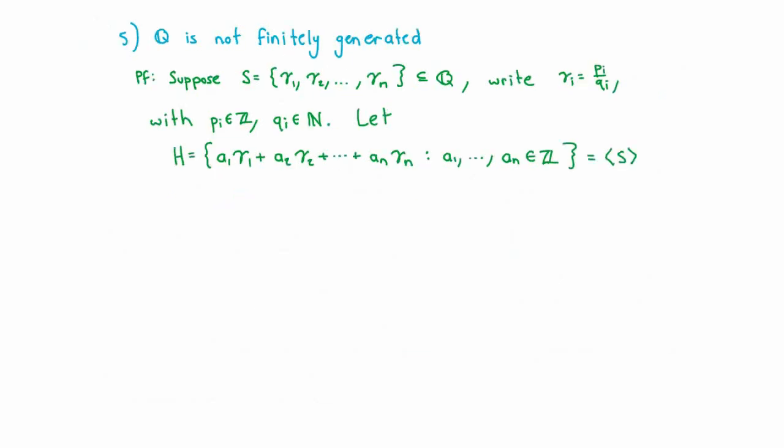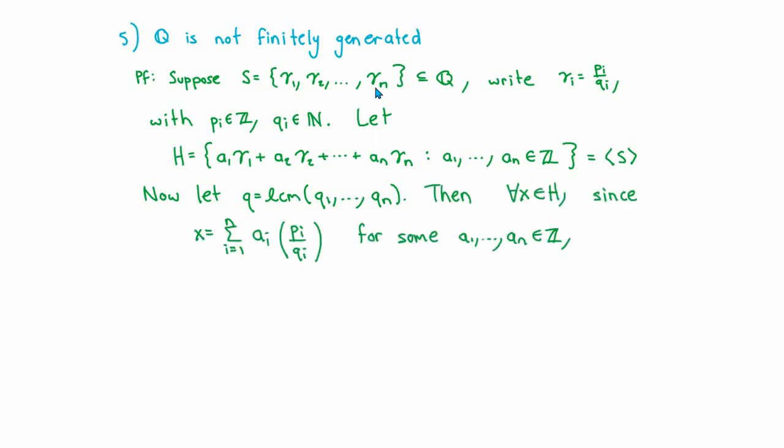Now that we know that for any finite subset S of Q, the subgroup generated by S is the same as the set of all integer linear combinations of the elements of S, let's let q be the least common multiple of the denominators of the elements of S, and let's think about what happens when we take a generic element of H and multiply it by q.